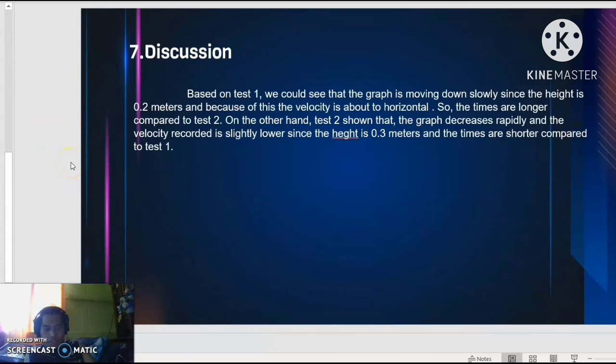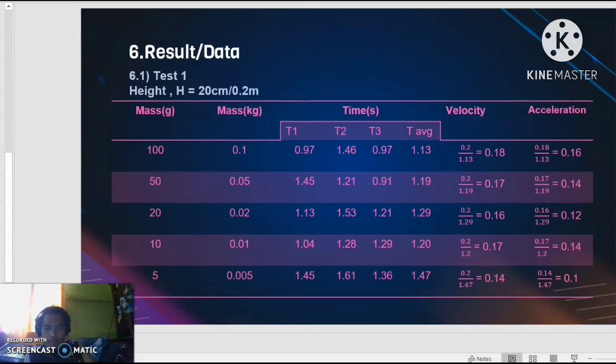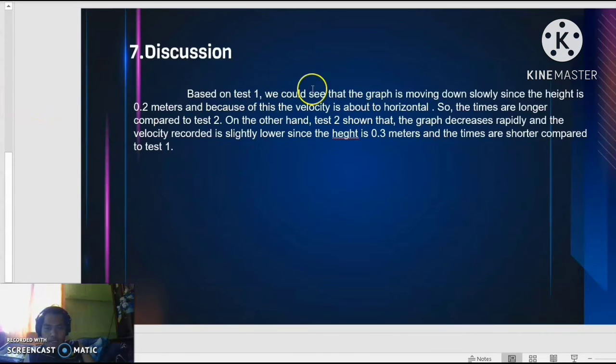From the results and data, we could conclude in this session. Based on test 1, we could see that the graph is moving down slowly since the height is 0.2 meter.